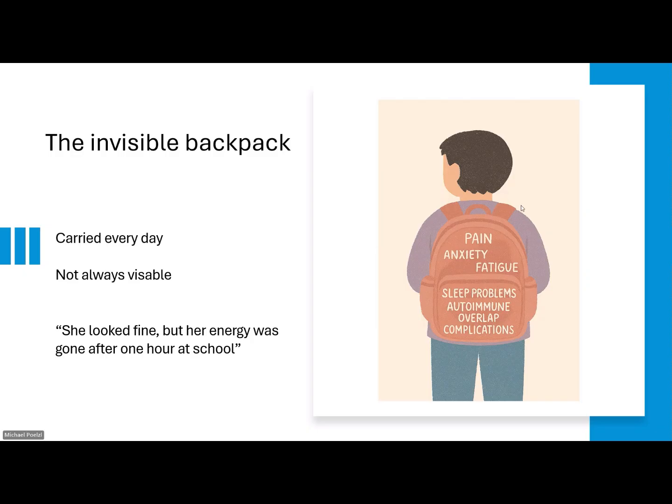As a parent, we learn to read the signs others don't see. We know when fatigue is more than tiredness, when silence means anxiety, when a smile hides a storm. Some examples are fatigue and sleep disturbance that impact school, friendship, and self-esteem. Mental health, like anxiety and depression, from uncertainty and isolation. Medication side effects, like bone density loss, mood swings, and weight changes.